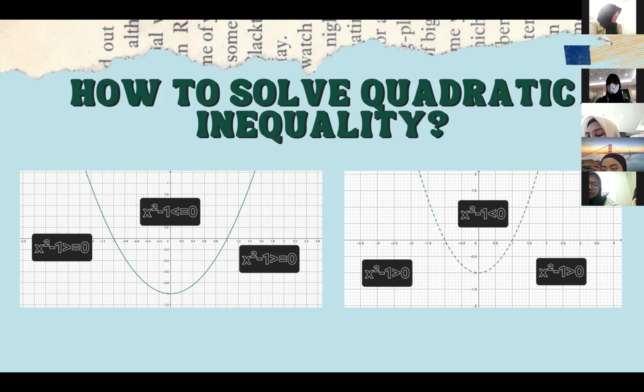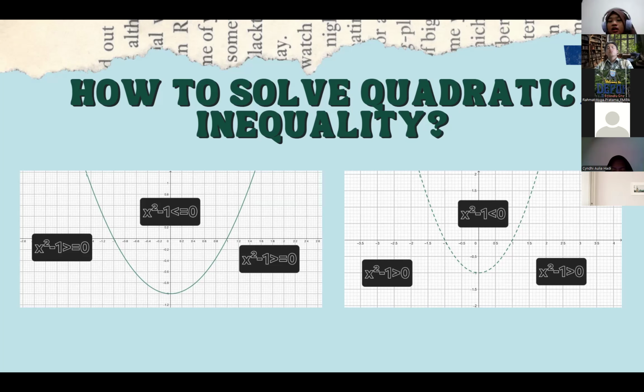And when you have a problem using greater than or less than, you have to make the curve with a dotted line, not straight.